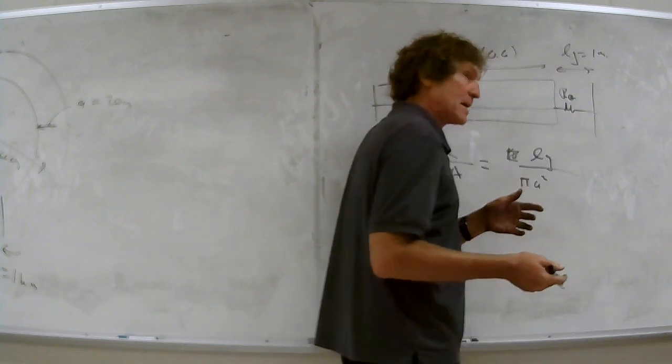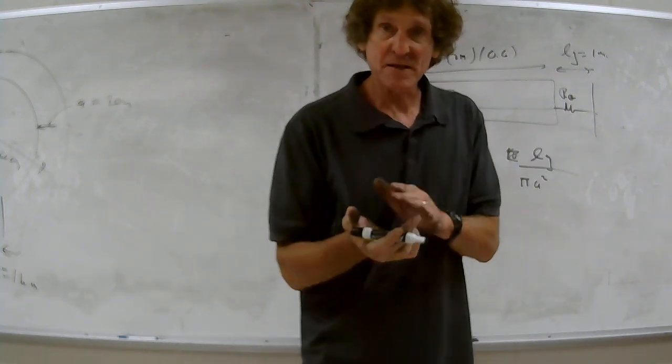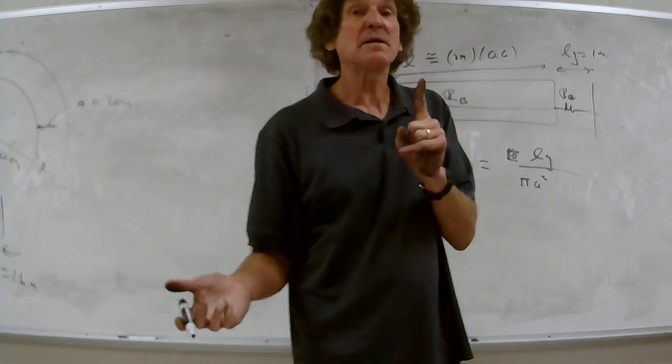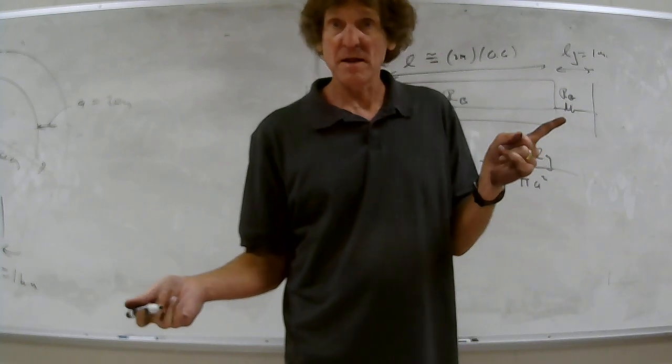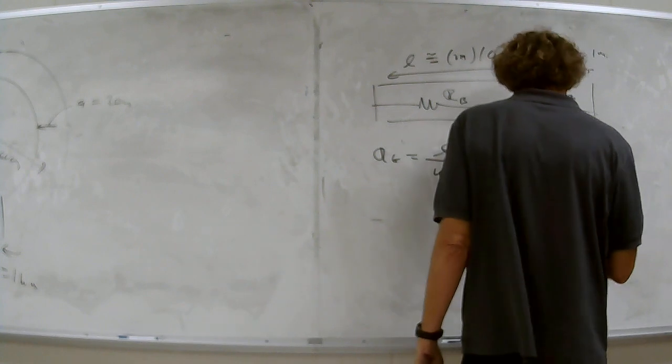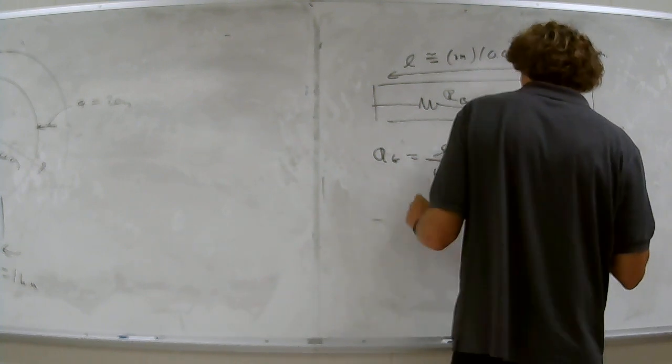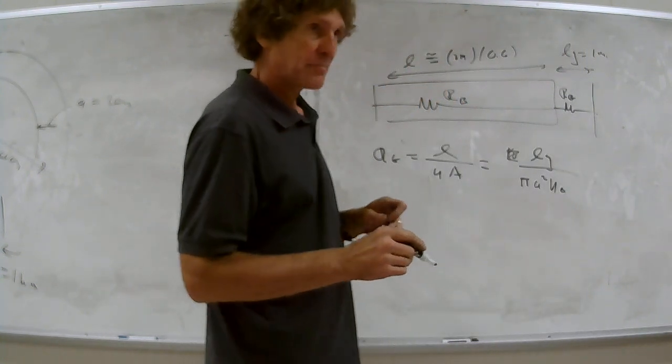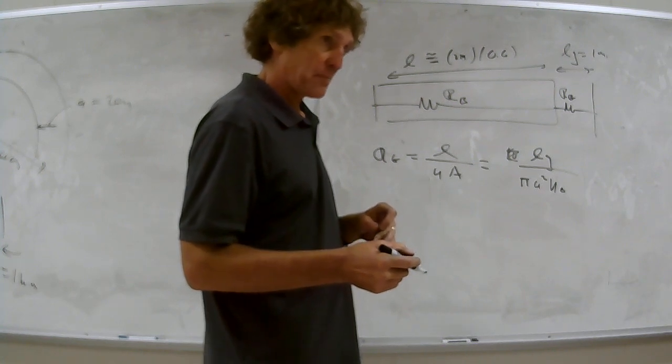And what is the permeability of the gap? It's just 1 times mu 0. Mu 0 is 4 pi times 10 to the minus 6. I'm going to just put mu 0. So that's the actual reluctance of the gap. We'll put in some values in a second. You all agree with that?